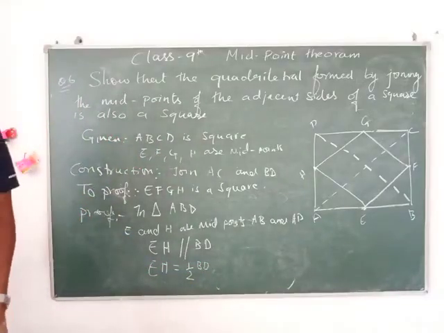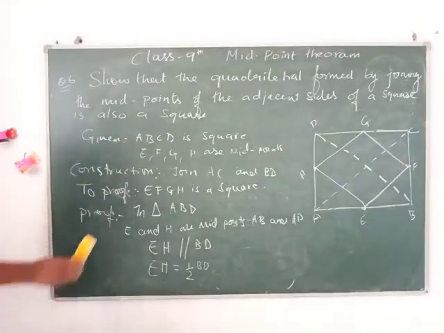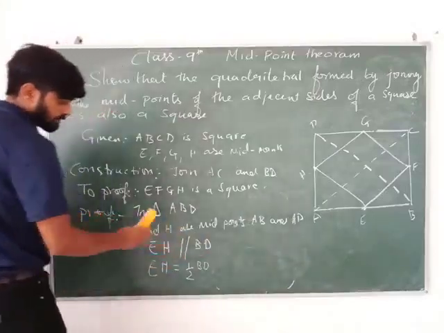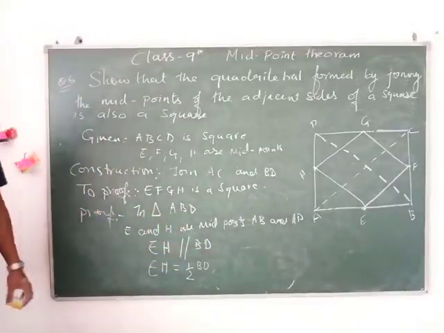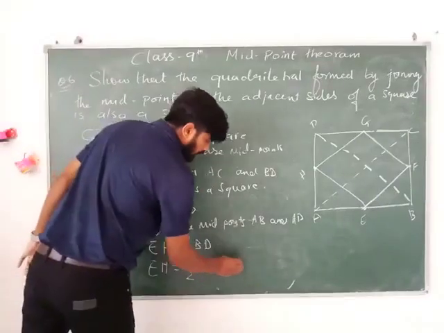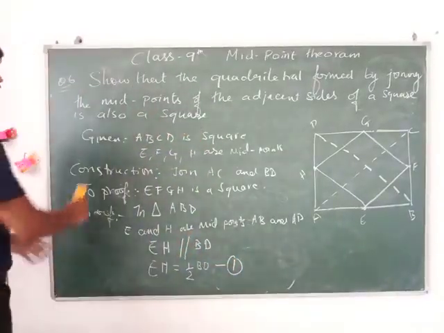Got it? I hope you got this. If you want to see it again, you can note it down roughly. So this is equation 1. I'll write this as equation 1. Okay, now I'll move on.